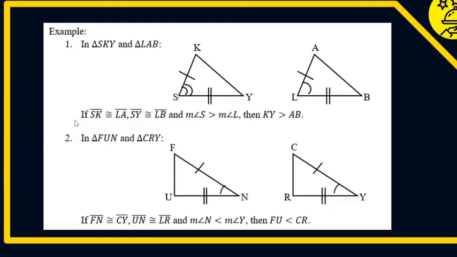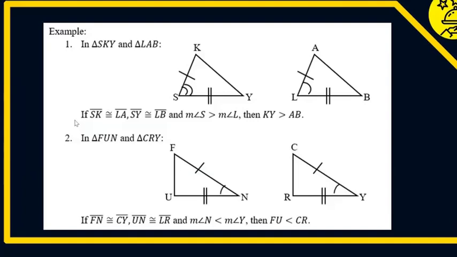Example number one: we have triangle SKY and triangle LAB. If side SK is congruent to side LA, side SY is congruent to side LB, and the measure of angle S is greater than angle B, then KY is greater than AB.